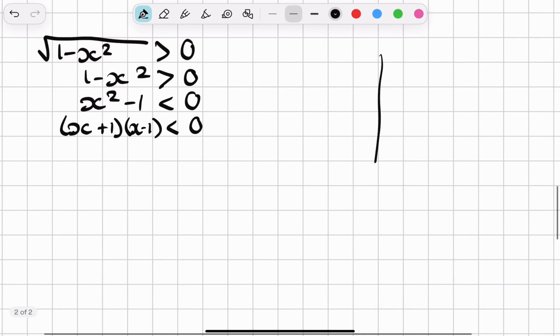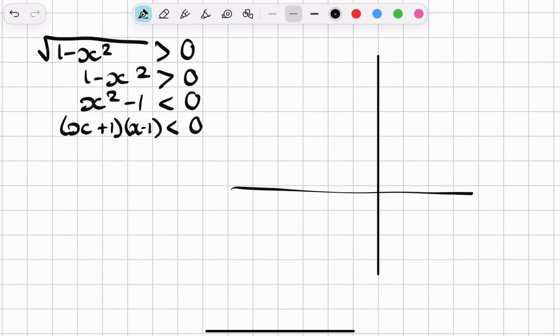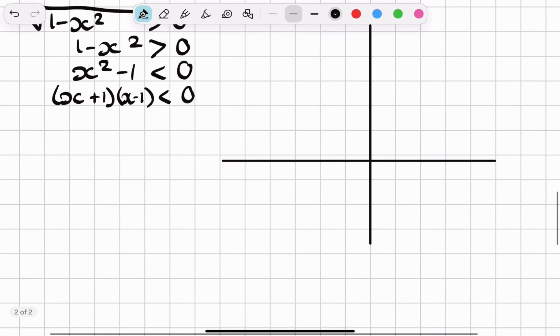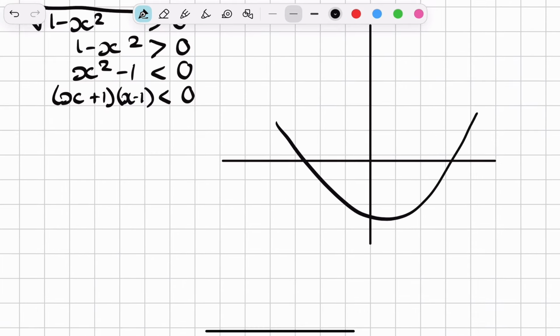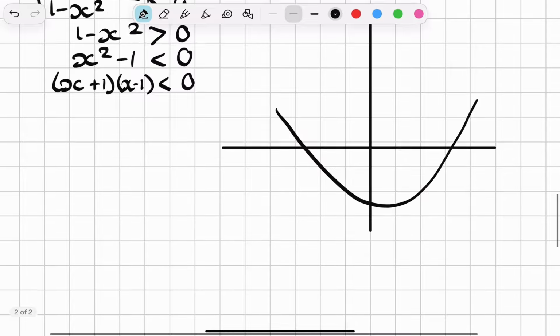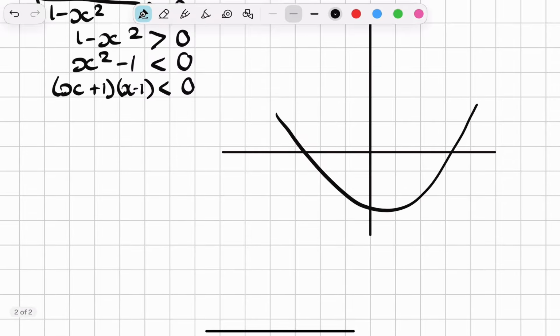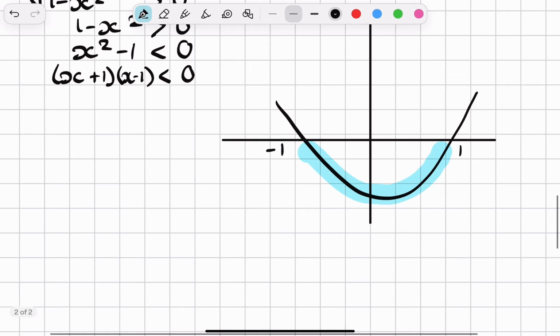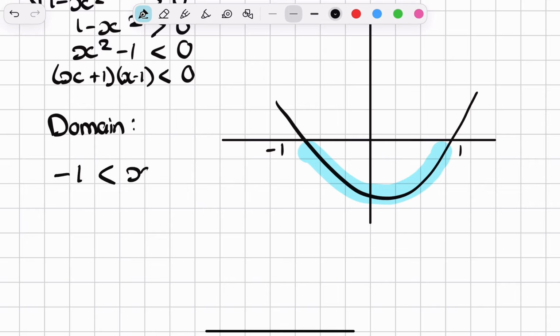We've got this inequality, and we need to find the region where the graph is below the x-axis, and that would be here. The roots are minus 1, 1. So our domain is minus 1 is less than x, which is less than 1.